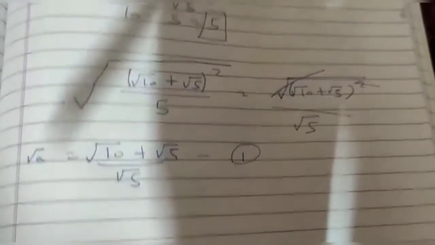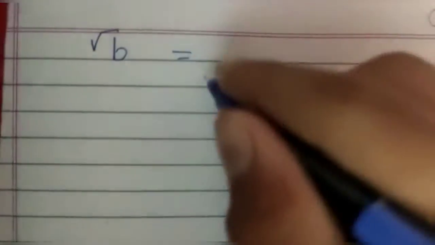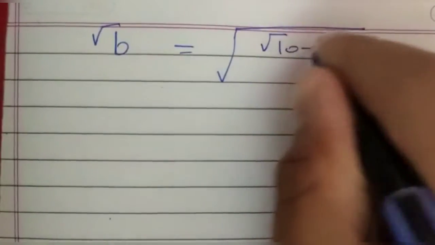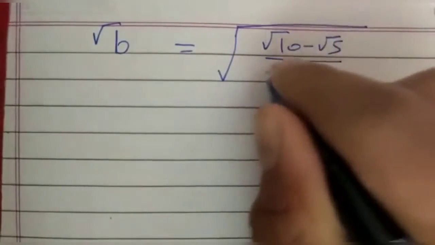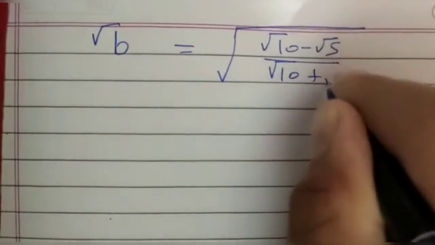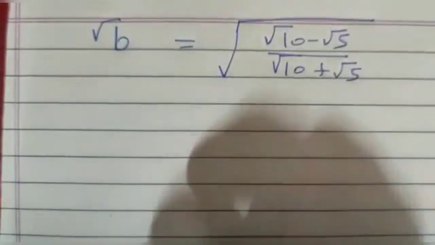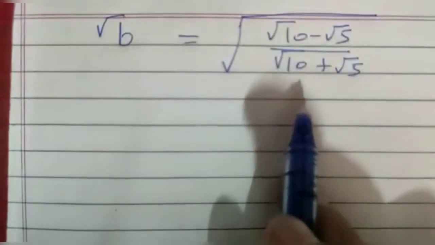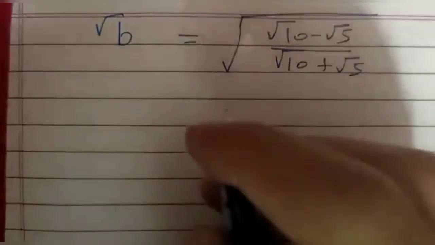You can see this is equation number 1, and for root b now we'll solve its value. The value of b is root 10 minus root 5 upon root 10 plus root 5, and this is root b. Now again I am going to rationalize it.